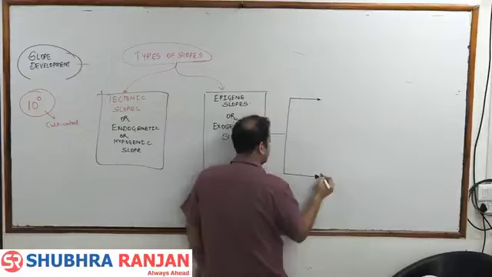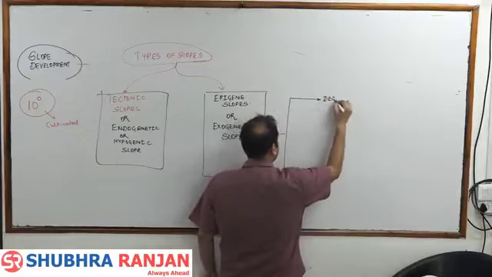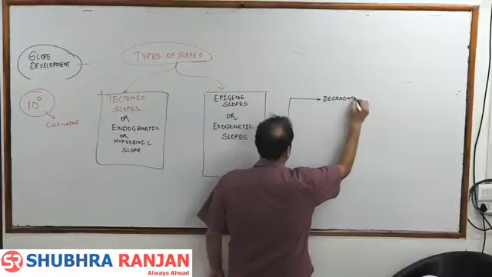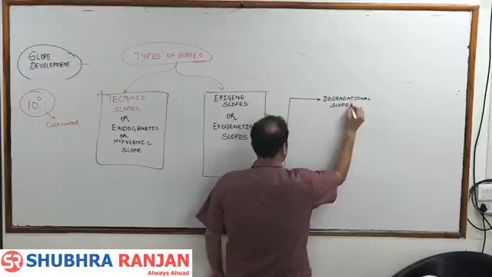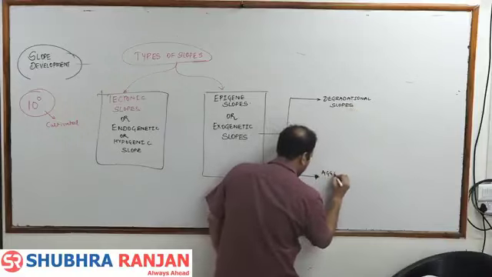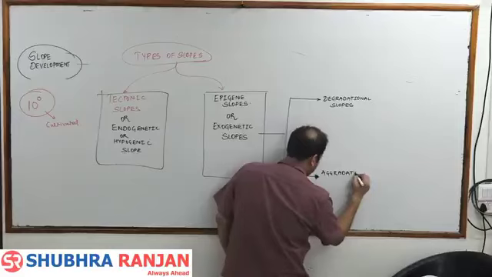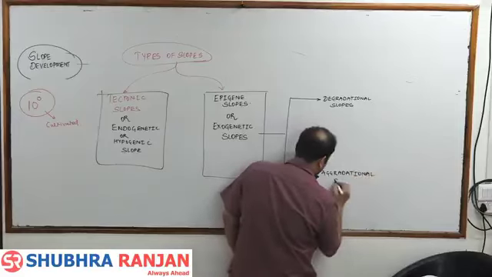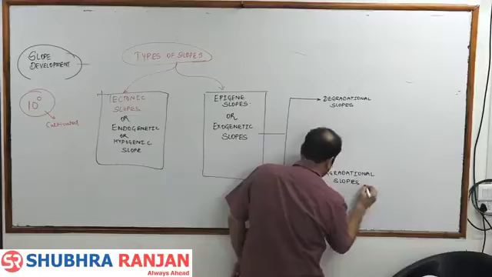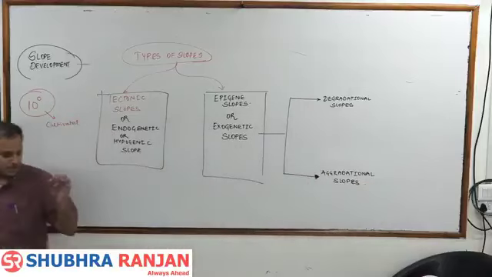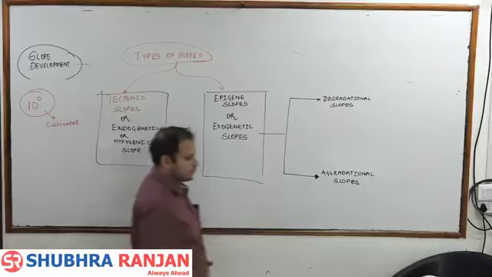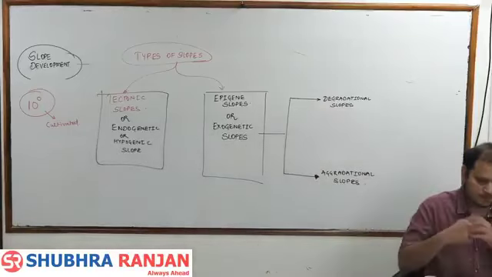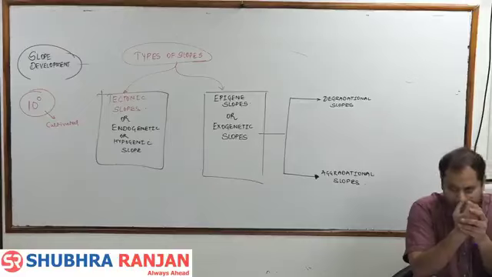These have two types. One is formed due to degradation, meaning erosion and weathering.